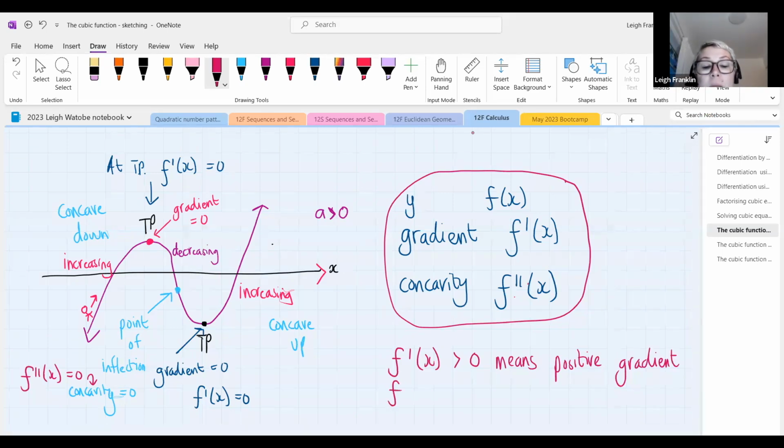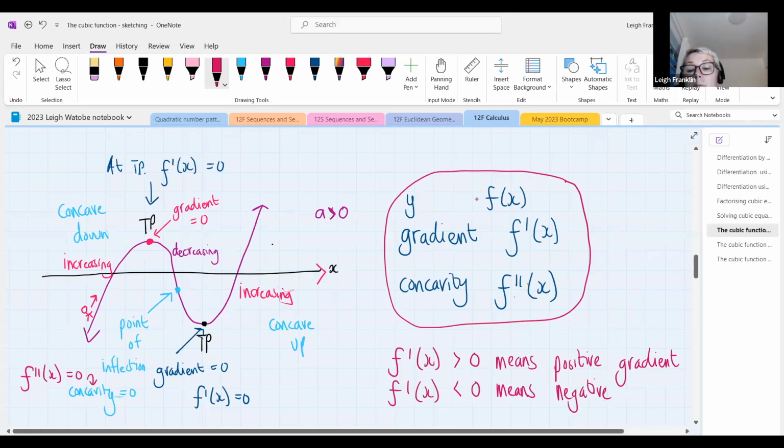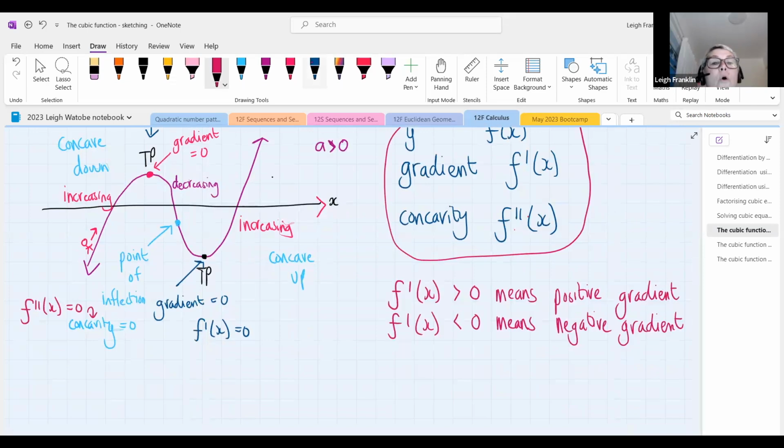Nice. f prime x smaller than 0 means what? Yes, exactly, Nonjabulo. The gradient is the derivative. So f prime x smaller than 0 means that the gradient is negative. Well done. So now, what does f double prime x smaller than 0 mean?